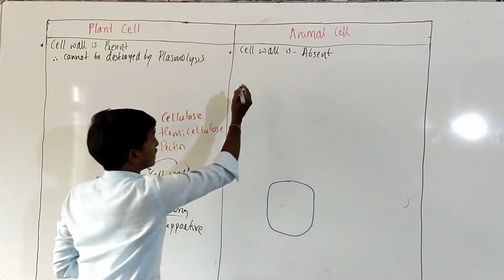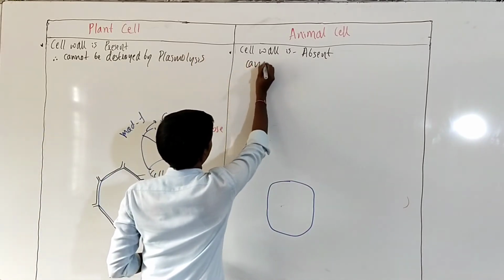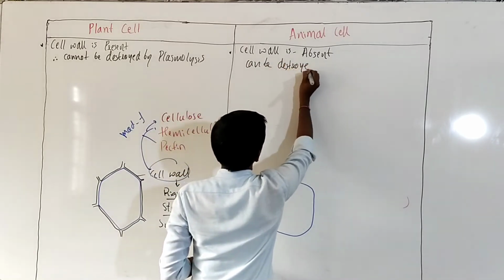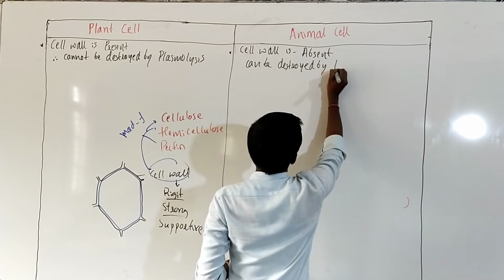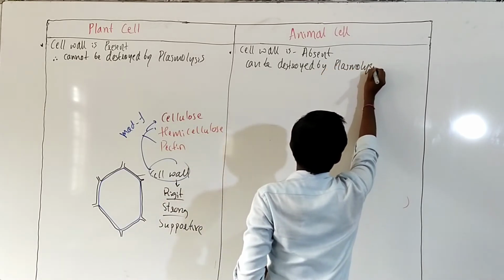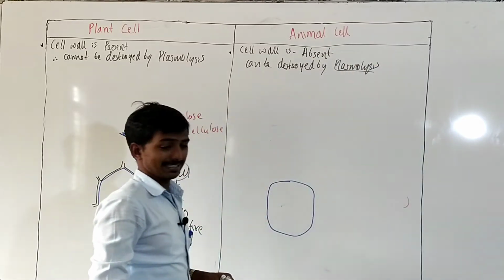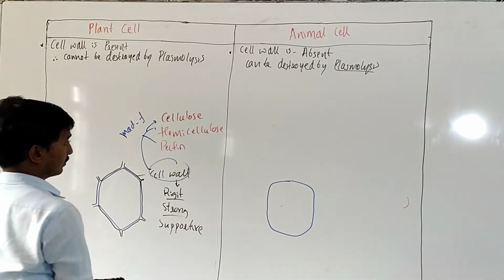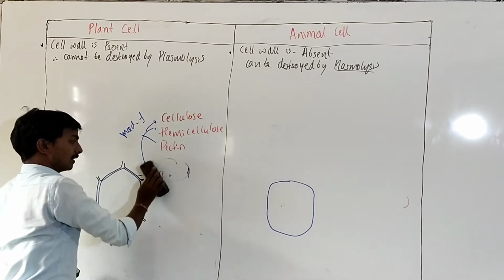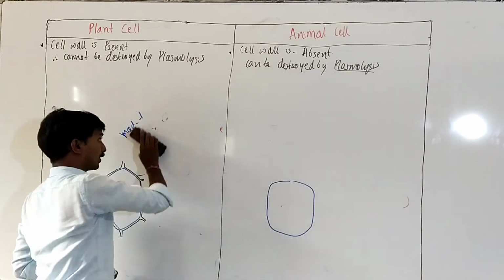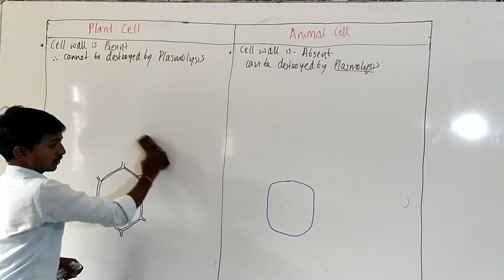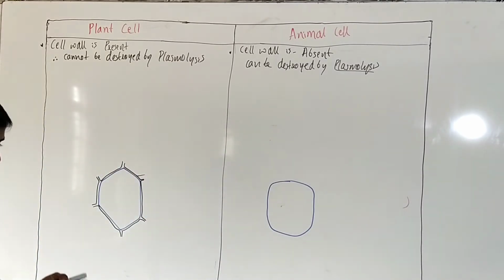But here the animal cells can be destroyed by plasmolysis. We will discuss plasmolysis in plant cell. It is nothing but the shrinkage of the protoplasm due to the presence of a hypertonic solution, meaning a high concentration of salt, high concentration of sugar, etc.